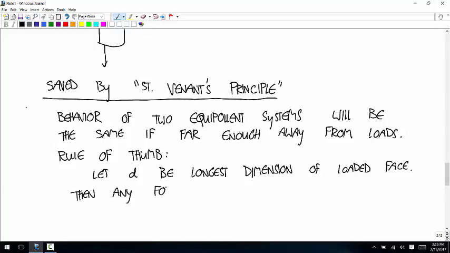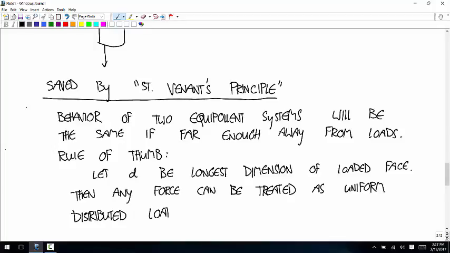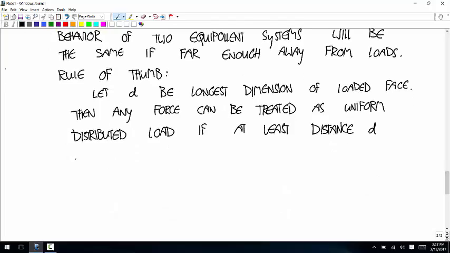Then any force can be treated as a uniform distributed load if you're at least the distance D from the loaded face.